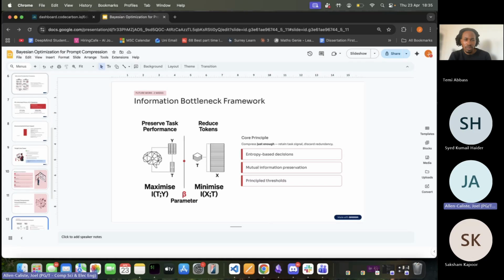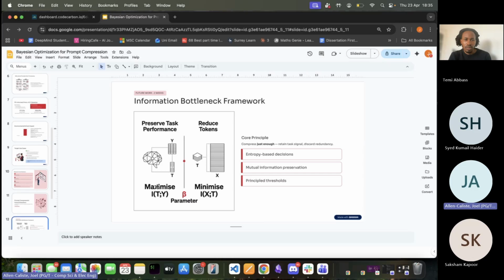In terms of what I've been thinking about, I want to use information theory to test whether it's even safe to compress a prompt. So you compare how much you are, there's this formula where I(T;Y) is how much task information we will have preserved after compression, and I(X;T) is how compressed we are.